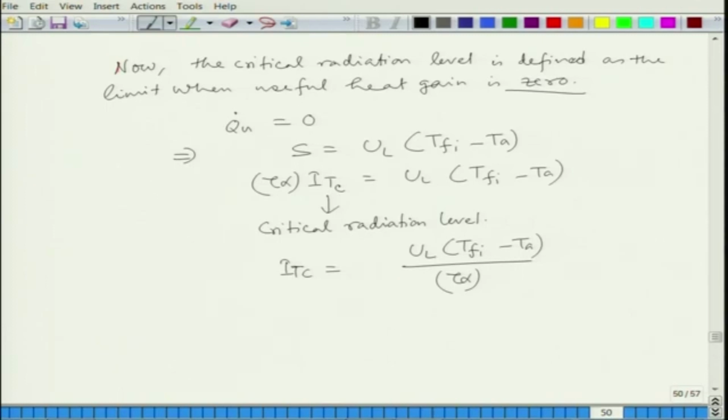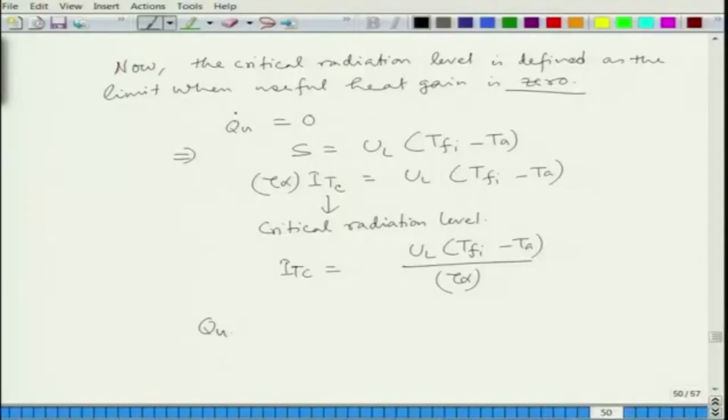So, that is how we find the critical intensity level below which you just cannot run the collector. If you run it, you are expending energy in running it. You have to run the pump. So, you are expending energy, but you are not gaining anything.